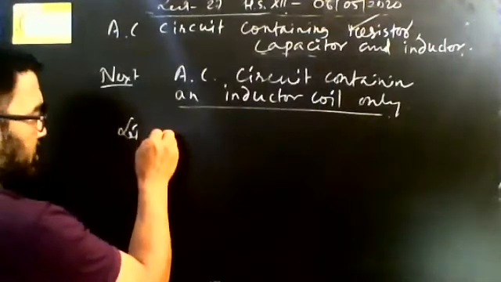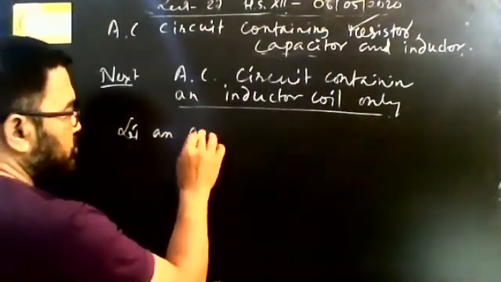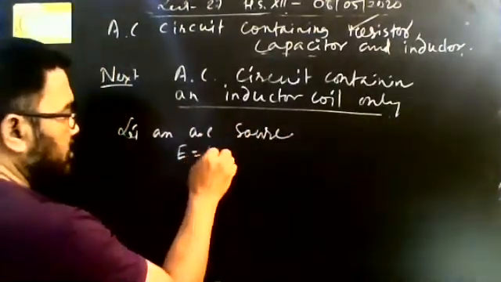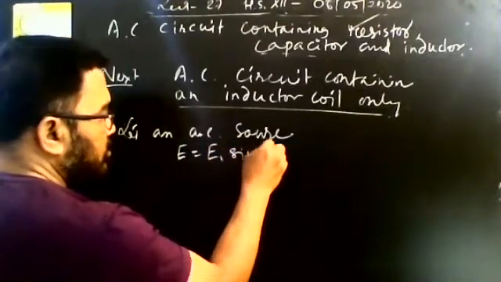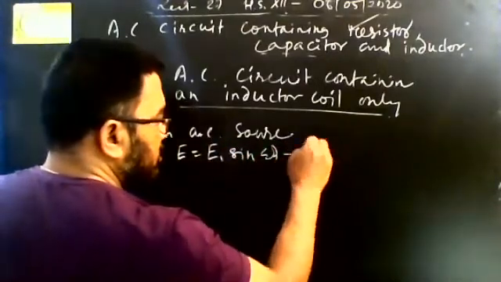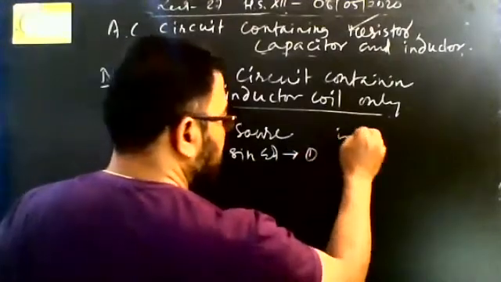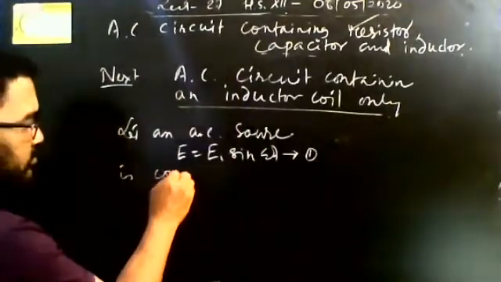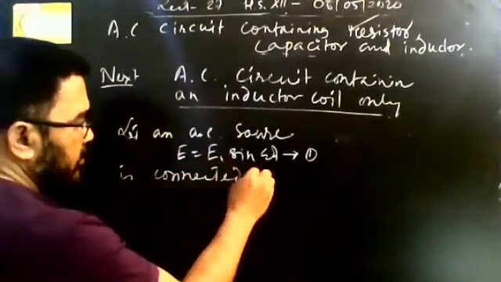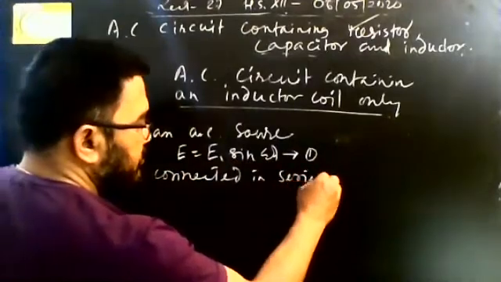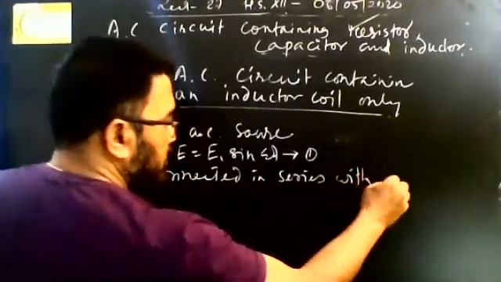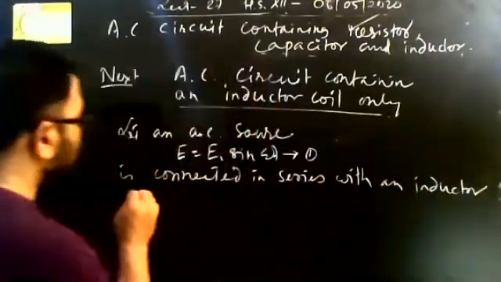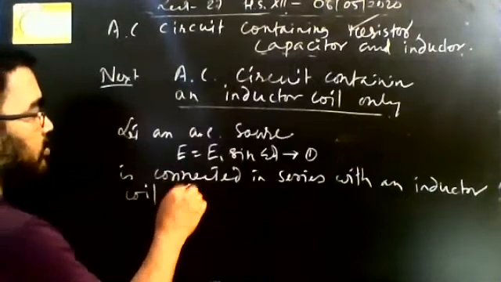Let an AC source E equal to E naught sine omega t be connected in series with an inductor coil of inductance.